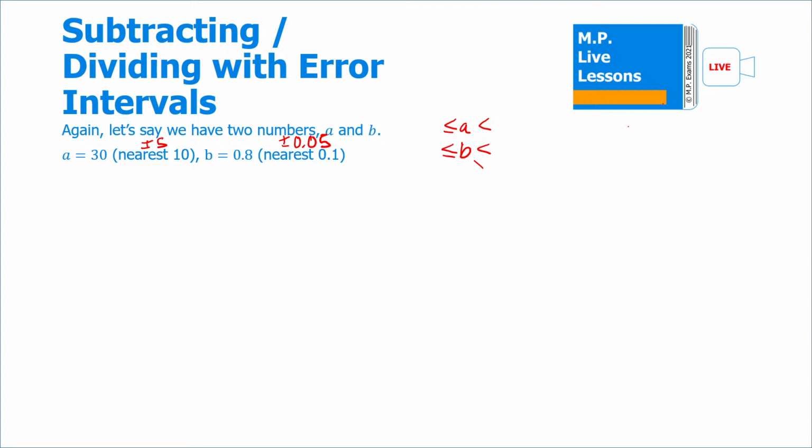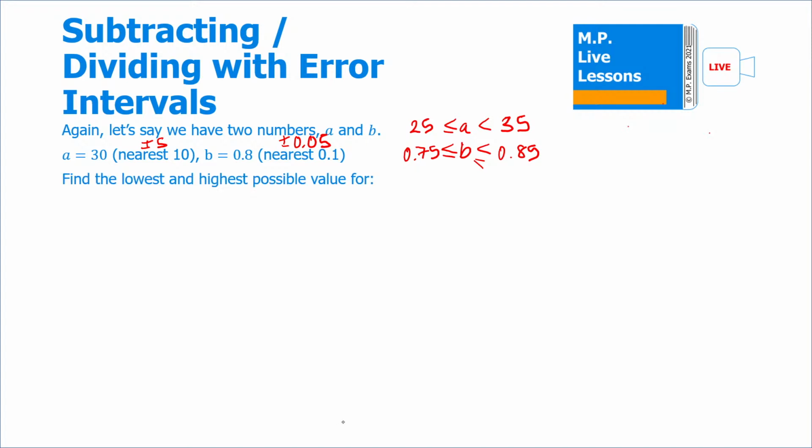So that means the smallest possible value for A is 25, the largest is 35. The smallest possible value for B is 0.75, and the largest possible value is 0.85.